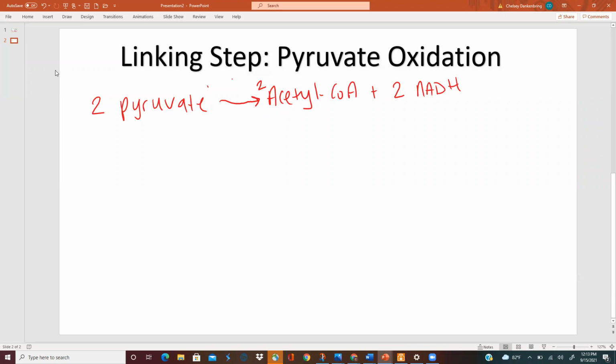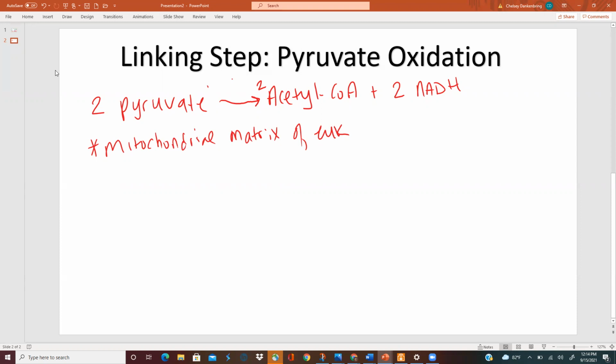But let's talk about why we need this. This step is going to happen in the mitochondrial matrix of eukaryotes. We're going to go into the mitochondrial matrix, which is where the Krebs cycle is also going to happen, and that's where the acetyl-CoA is going to go in.